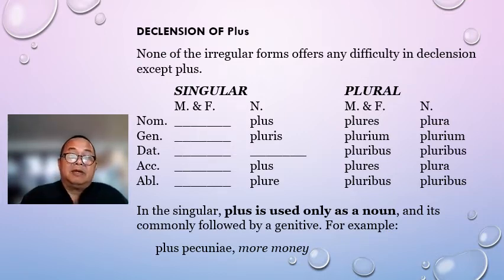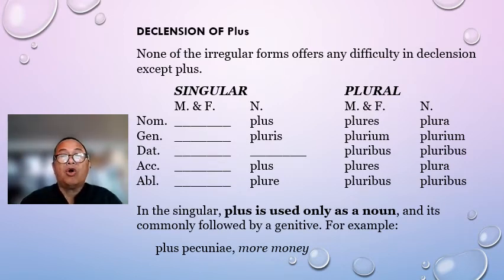In addition to this irregular form, even in usage, you have irregularity. Plus, in the singular, is used only as a noun, never as an adjective. So, remember this.